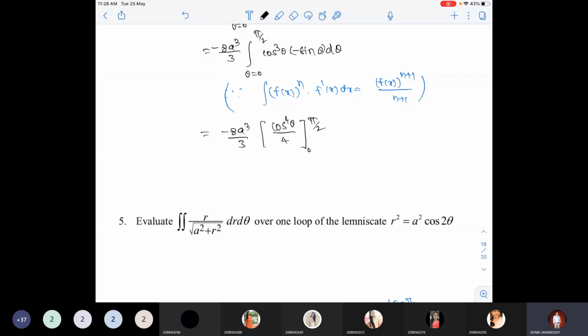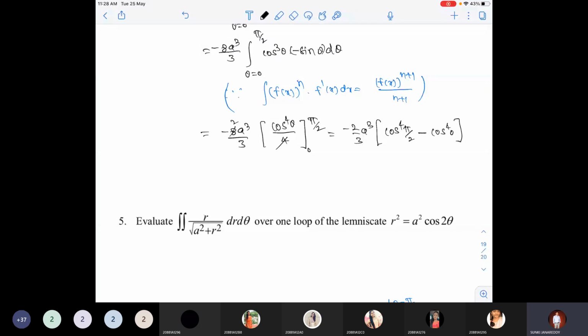Now apply the upper and lower limits. Here 4 to the 8, so minus 2 by 3 into a cube, first cos power 4 pi by 2 minus cos power 4 0.